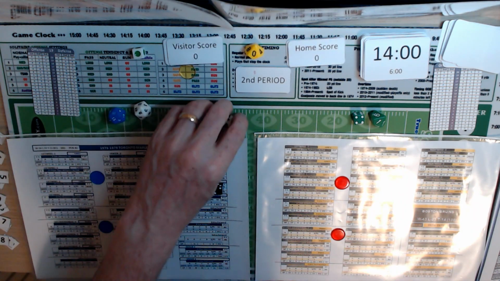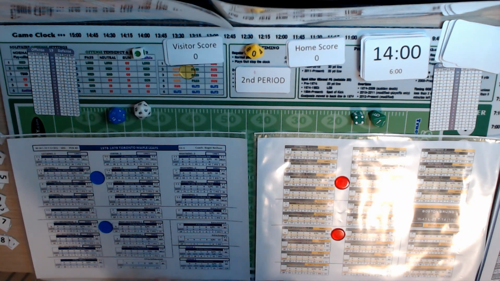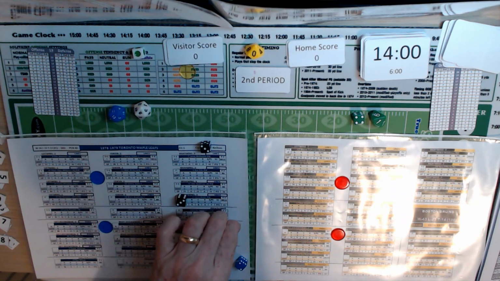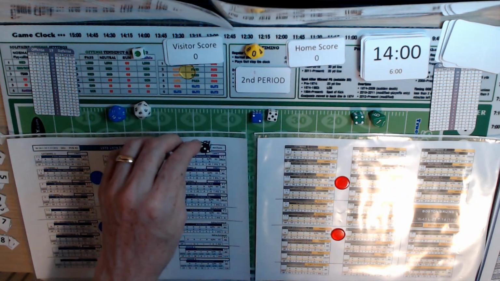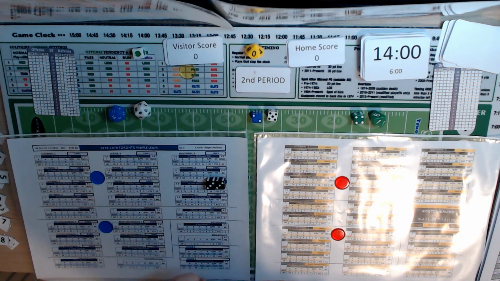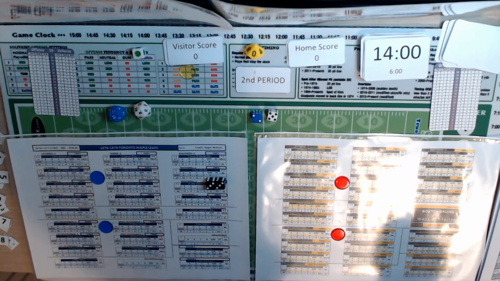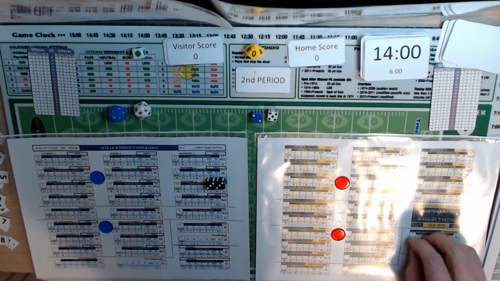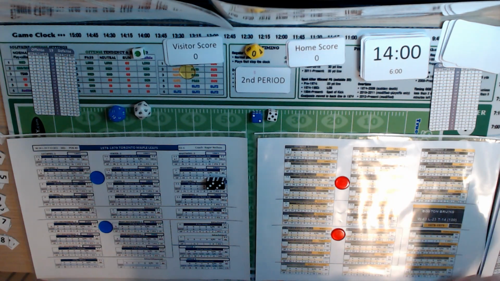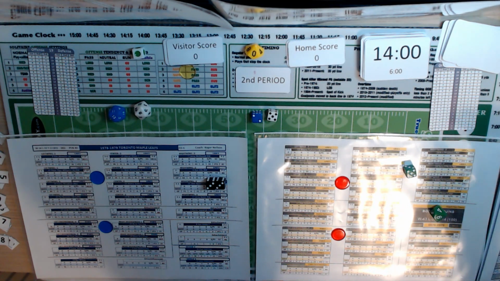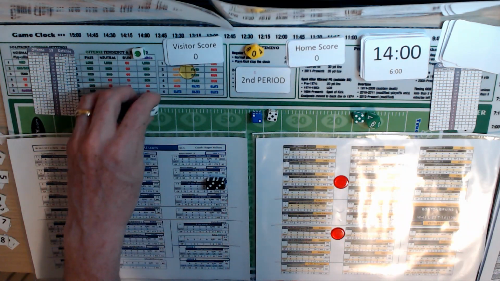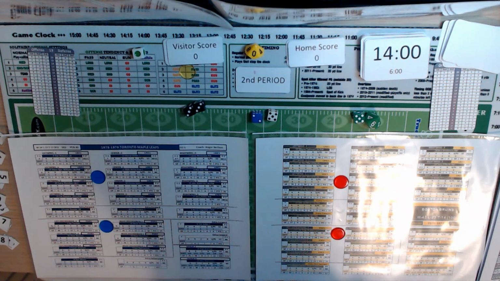Lots of action, but no goals yet. The goalkeepers are keeping everything even. 3 for Boston. 6 is a shot on goal C tip. The shot will be by Schmaltz. The tip will be by Schmaltz, so it's a shot on goal C. There is no tip, obviously, because he can't tip his own shot. 2.